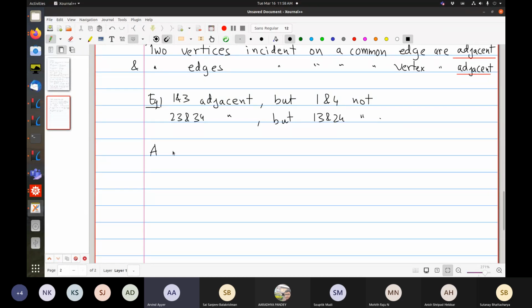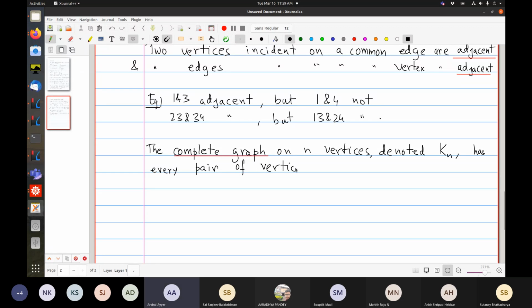So the complete graph on n vertices, denoted Kn, has every pair of vertices adjacent. So it has all possible edges.